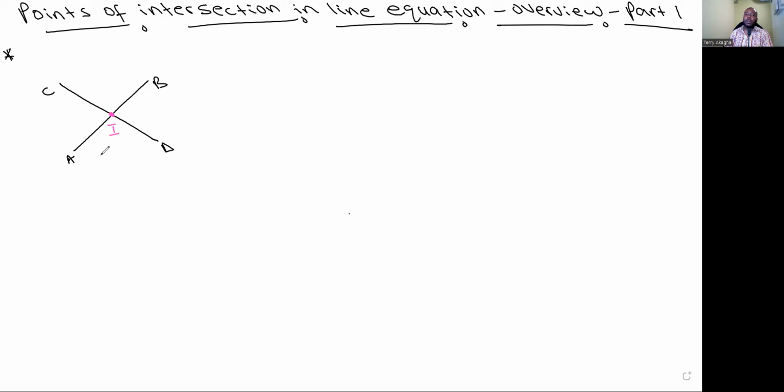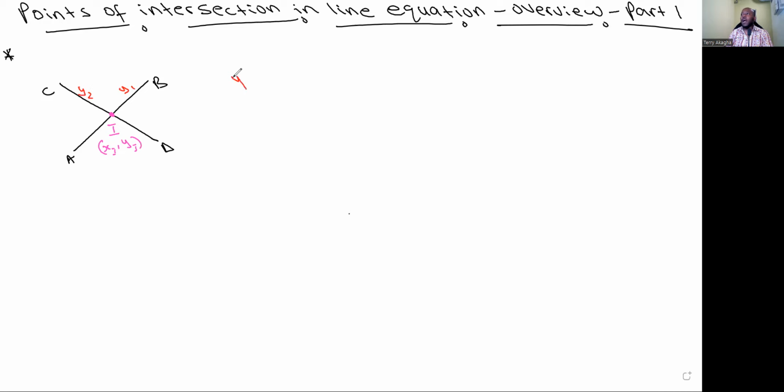All right. So like I told you, the point I is going to have its own coordinates, which is going to be xi and yi. Does that make sense? It has its own coordinates. So as usual, like I said in the previous video, let's call the equation of line AB, y1, and the equation of line CD, y2.